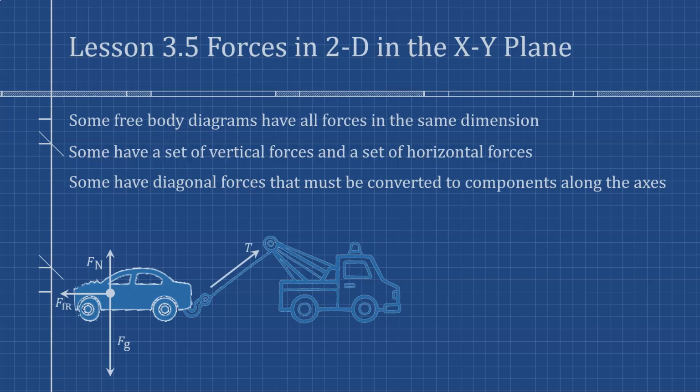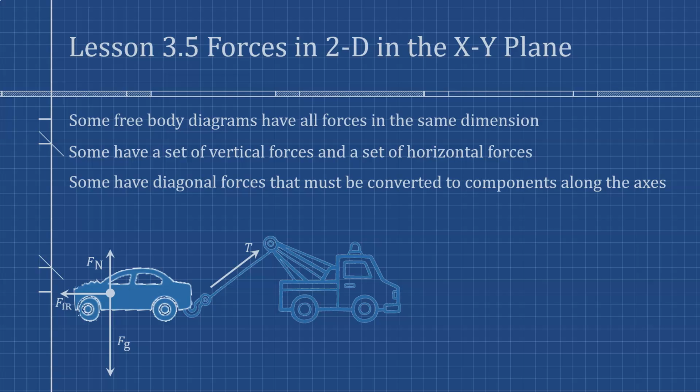Well, remember, this tow truck is towing with a cable, and cables apply tension forces, tension being a force that just transmits a force from one place to another. So it's transmitting the force from the tow truck. It's probably actually a normal force being applied to the cable as the cable is tightly wrapped around that axle on the tow truck, and it's transferring that force to the car.